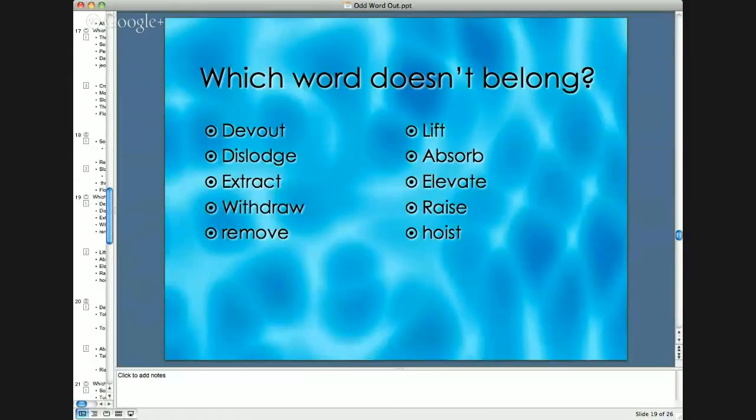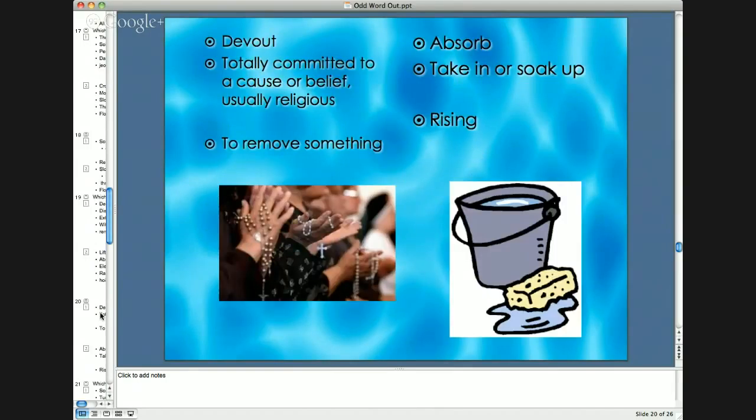It takes us up. And then we have hoist and absorb. Which one is it? The answer, the odd word out, is absorb. This means to take in or soak up. The rest have to do with rising. So hoist up means to pick up.